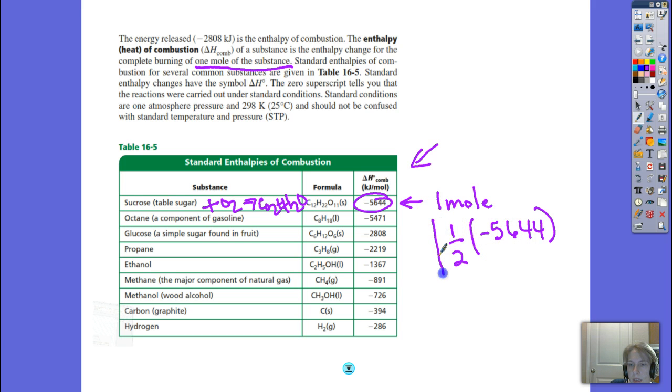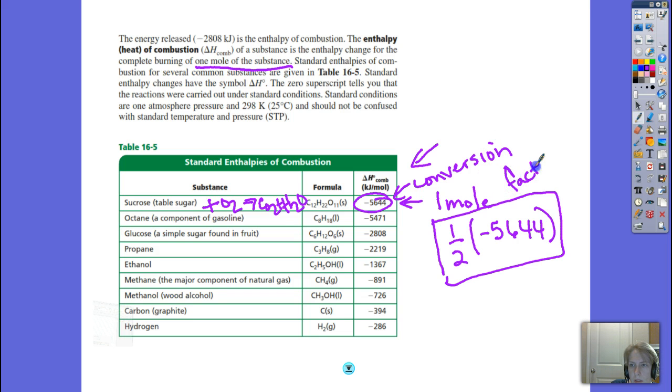So we have to keep in mind that it's actually a conversion factor. This is a conversion factor specific to each compound. But you can use it as like 1 mole gives you that much energy.